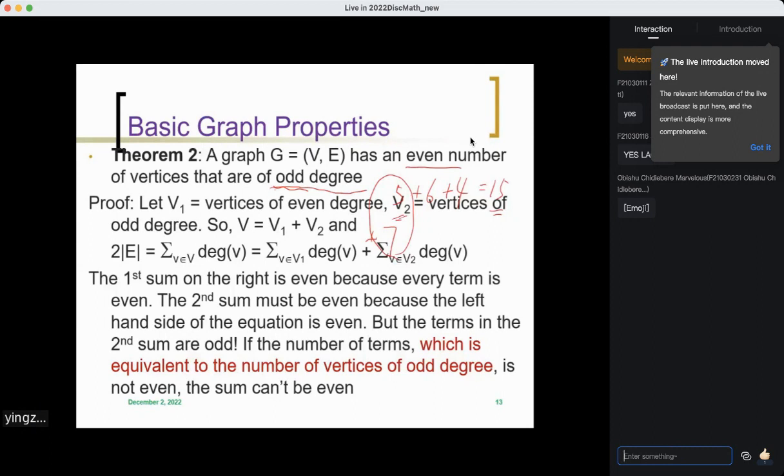Because here we have the double, this part is already even, and here the V2 part is odd.